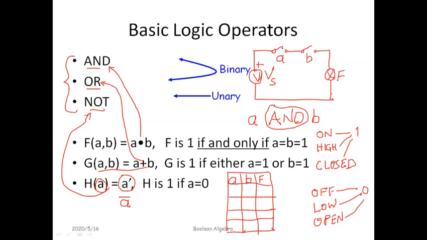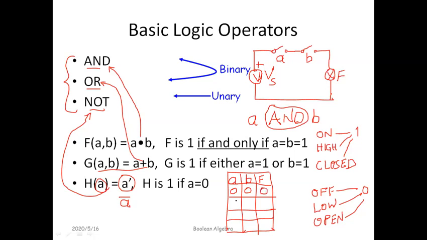Before we close any of the switches, we expect that the two switches are open. If the two switches are open, they are indicated by zeros. So we have 0, 0, meaning both switches are open. When both switches are open, the lamp F will not come on, which means it's in the off state, and we represent it as a 0.